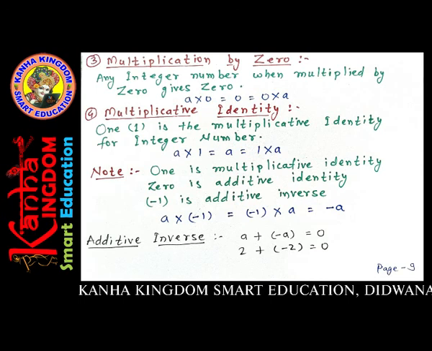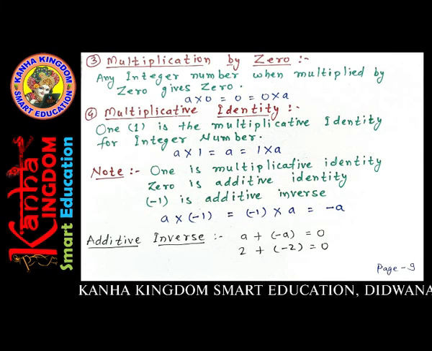Fourth property, multiplicative identity. 1 is the multiplicative identity for integer number. An integer multiplied by 1 gives that same integer as the answer. A multiplied by 1 is equal to a, which is equal to 1 multiplied by a.